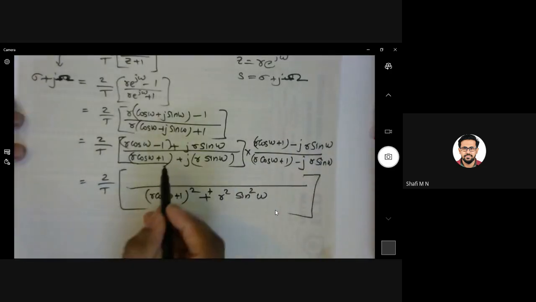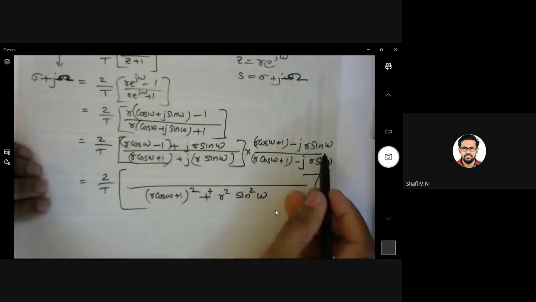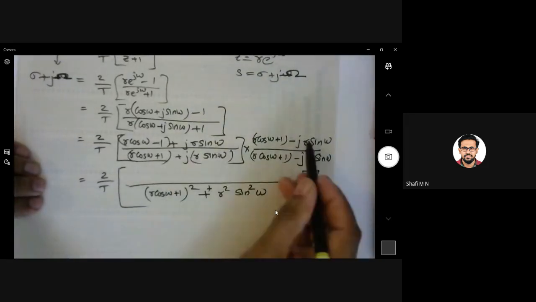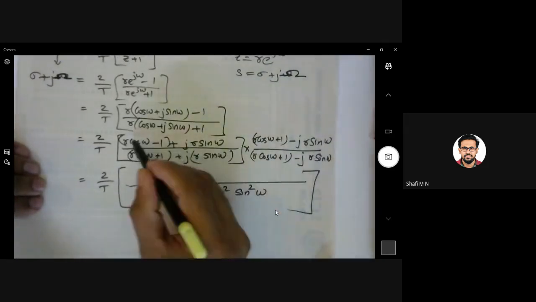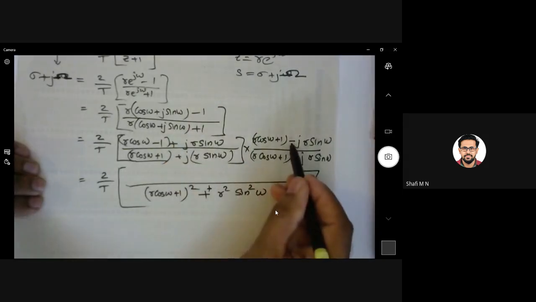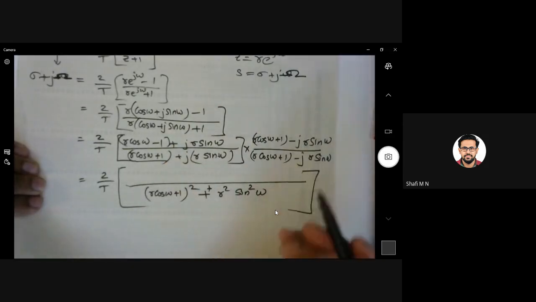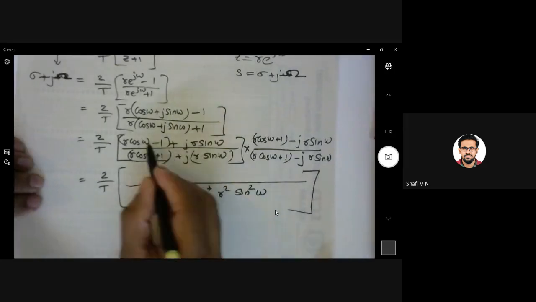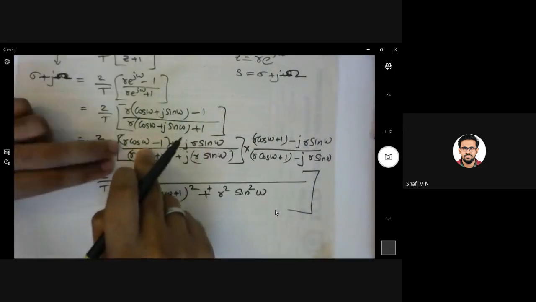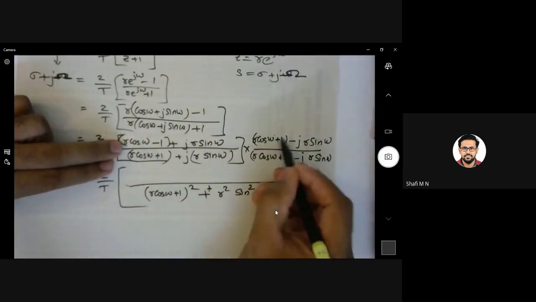Focus. I will simply do the numerator in a single step. Are you ready? The numerator, this thing into this thing. (a plus jb) into (c minus jd). Let me multiply this into this first. So what will you get? This term into this term.